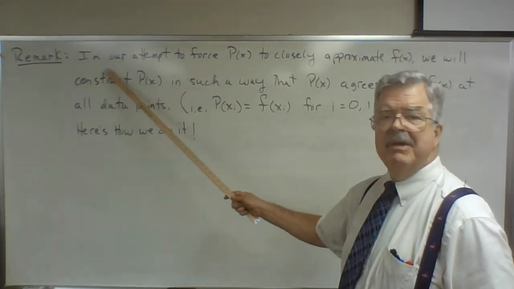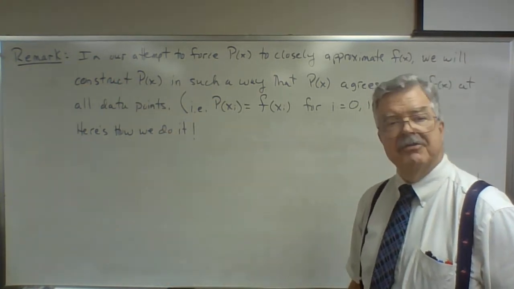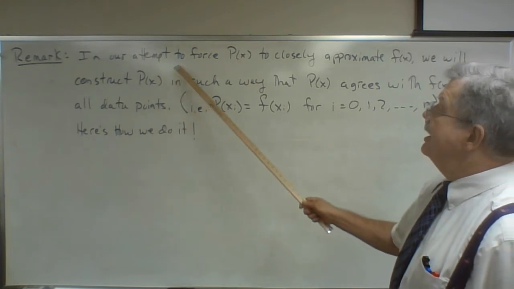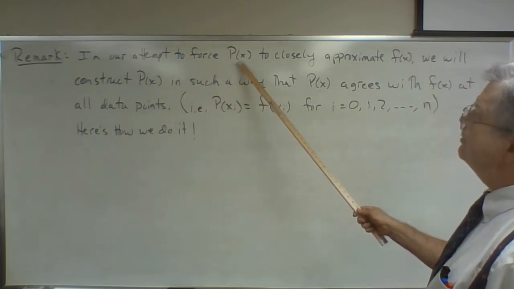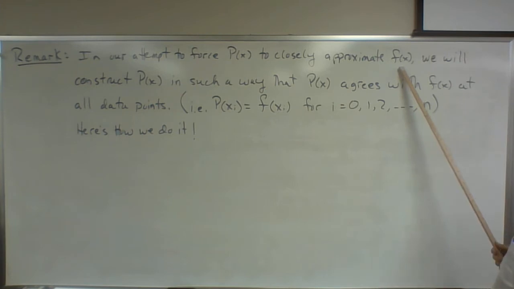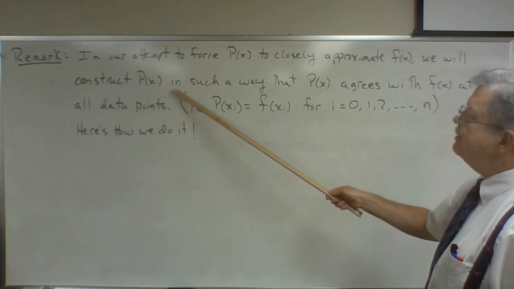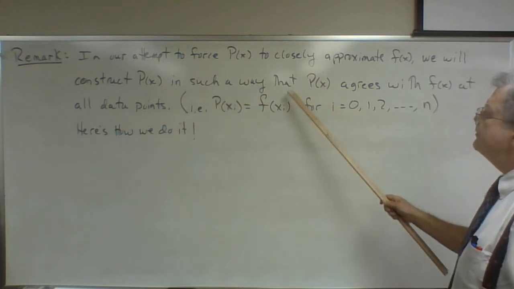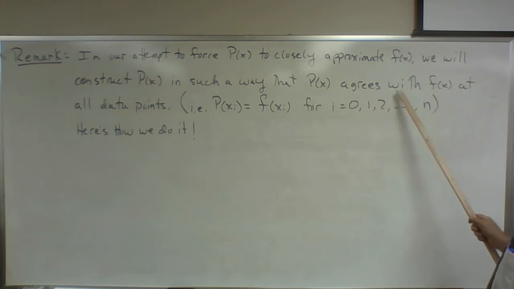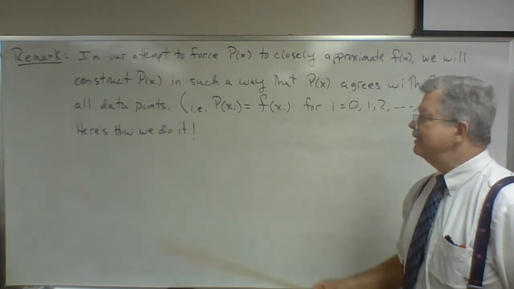Note well, we mentioned this before, but we just want to emphasize this point again. In our attempt to force p of x to closely approximate our unknown function f of x, we will construct our polynomial p of x in such a way that p of x agrees with f of x at all data points.